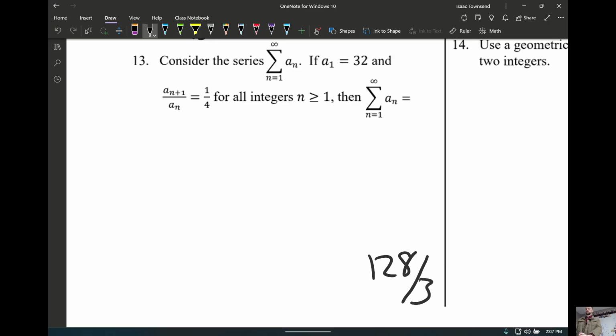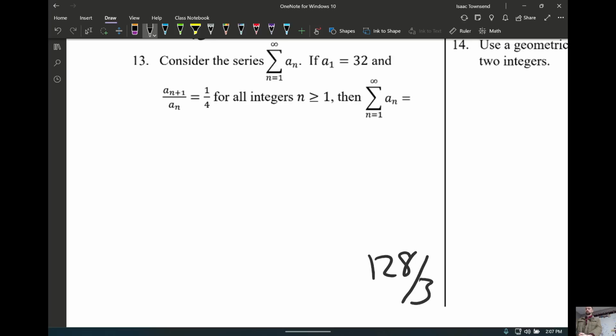Because this tells you, since it gives you a... this actually shows you, because it's 1/4. A of n plus 1. So like a of n plus 1, right?